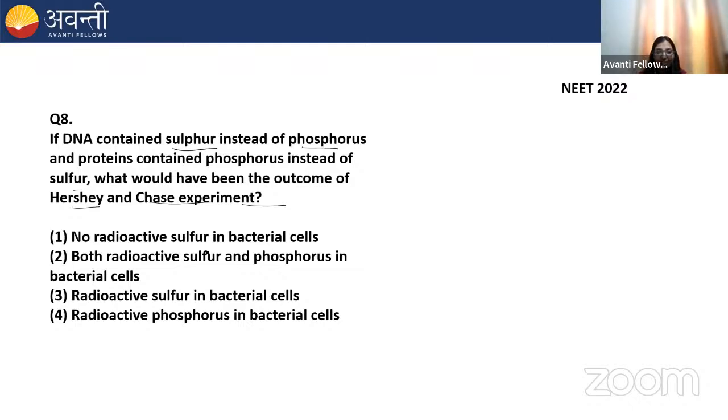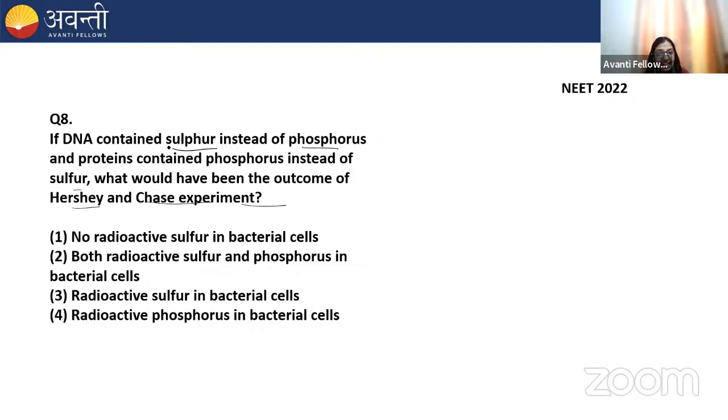And 4th is radioactive phosphorus in bacterial cell. Please read the question carefully.